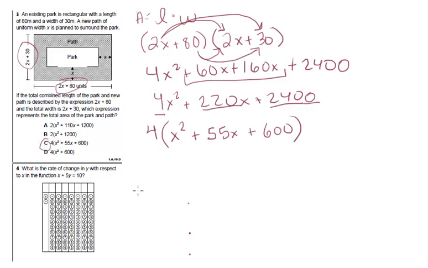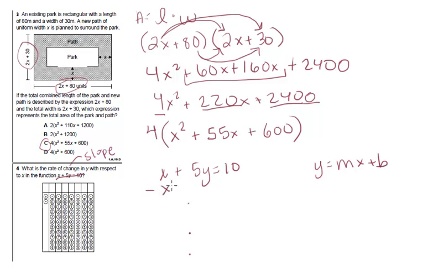Then in number 4, we're asked to find the rate of change. So remember that another word for rate of change is slope. Right now this is written in standard form, general standard form for linear equations if you're looking at your STAAR reference chart. So in order to find the slope, the easiest way is to rewrite this equation in slope-intercept form.